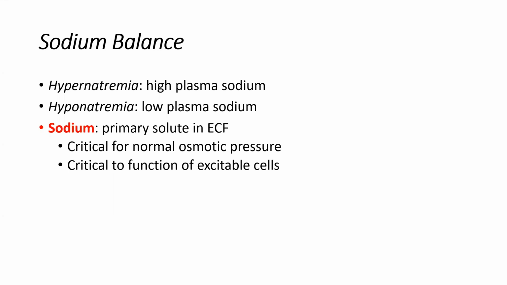Even a slight change in sodium plasma levels can be detrimental. Hypernatremia can cause seizures, coma, and can become fatal. Hyponatremia can cause fatigue, lethargy, and other things on the other end of that spectrum. So it's really important to have sodium in a tight balance, and we'll talk about how that is brought about with the help of the kidneys.